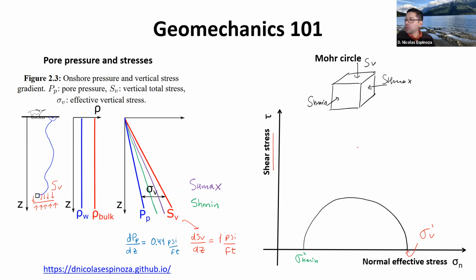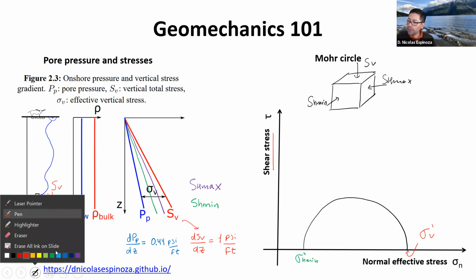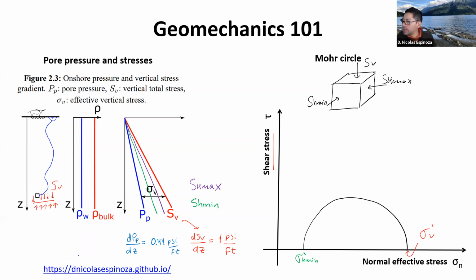And if we want to take this into 3 dimensions, we can add the third stress, which is going to be, in this case, the maximum horizontal stress. And that's going to give me 2 additional circles. And this completes the 3D Mohr circle, where here, for example, sigma H max, this is an effective stress, is equal to the total stress minus the pore pressure.